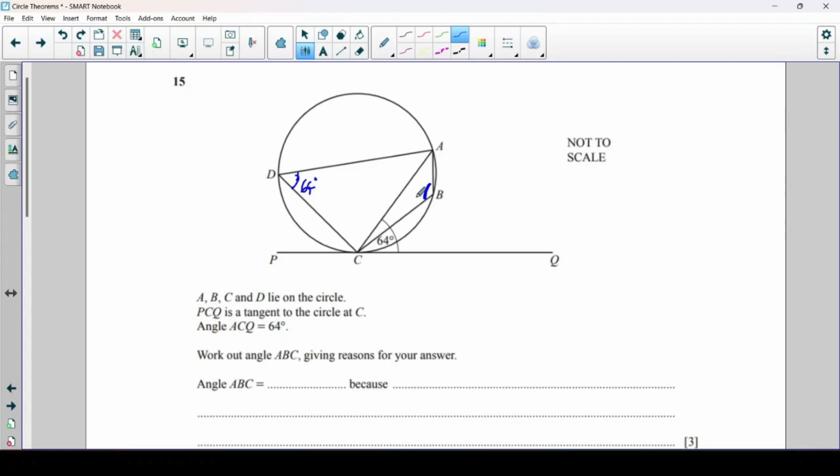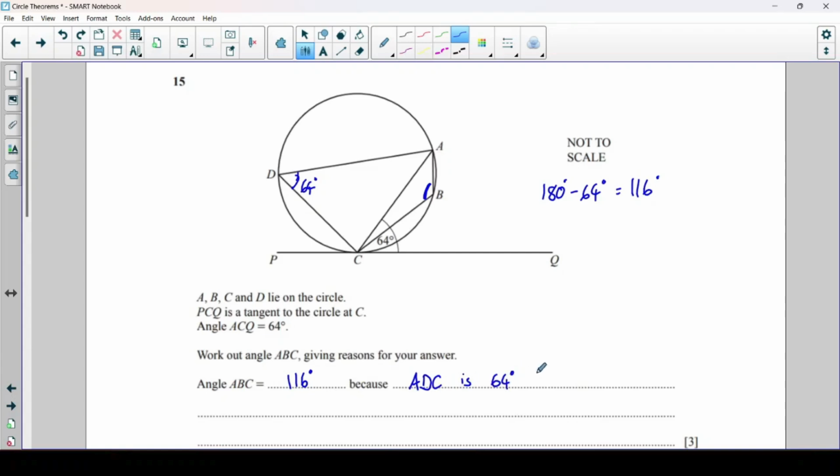And then using the fact that it's a cyclic quadrilateral, those two things add up to 180. So 180 subtract 64 is equal to 116. Right, let's fill in all of those reasons. So first of all, we worked out angle ADC is 64 degrees.